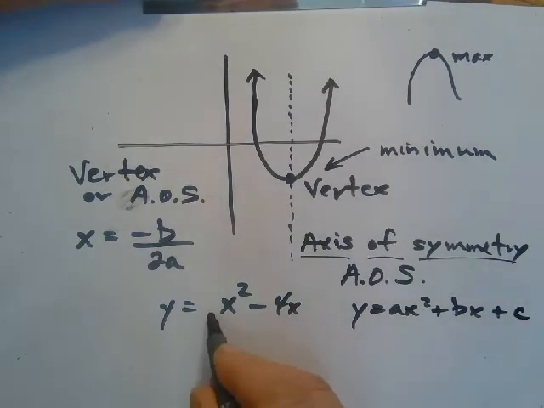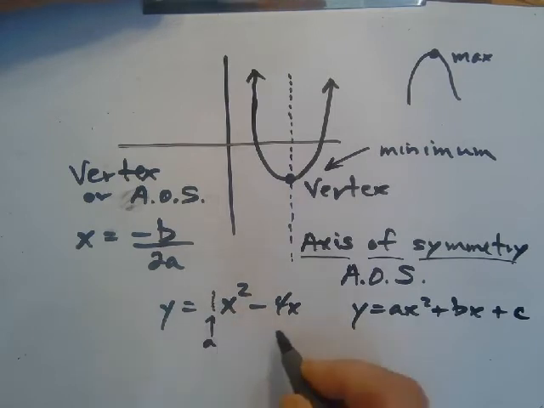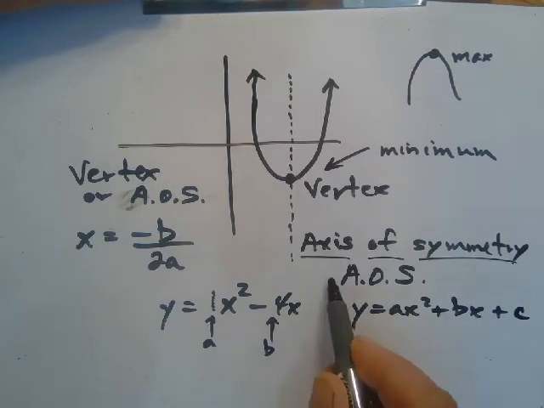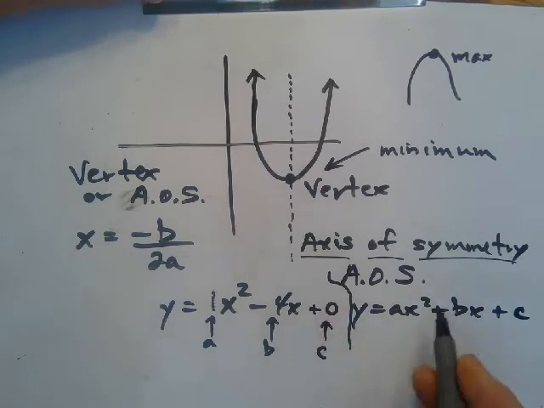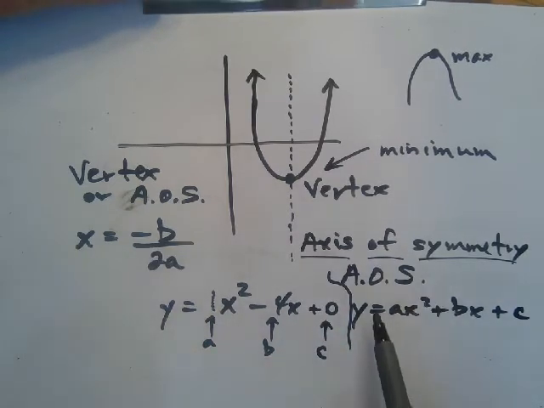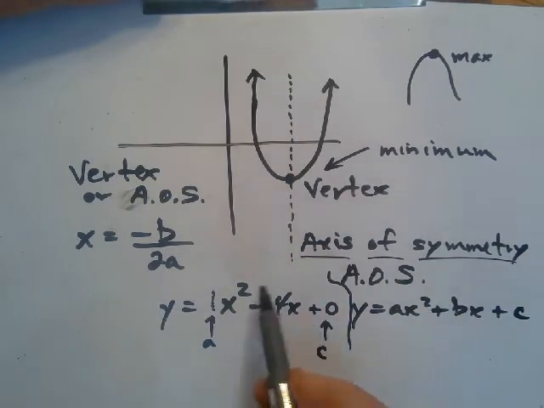So this is a right here, 1, that's a. And this number right here is b, and we don't see the c value out here. It's out here, but it's 0. So this is c. So we're going to use this formula to find the middle of this graph that we just graphed a few seconds ago.